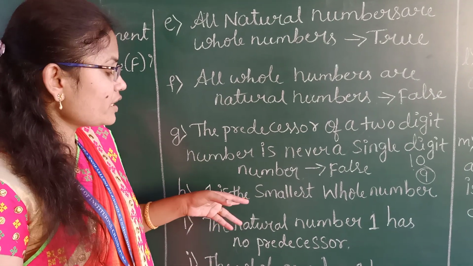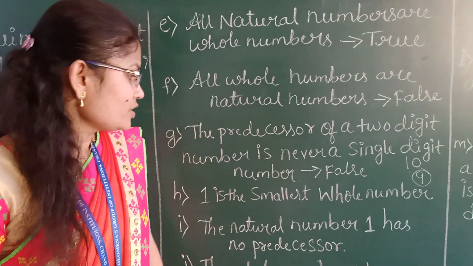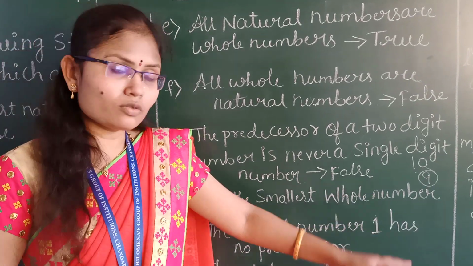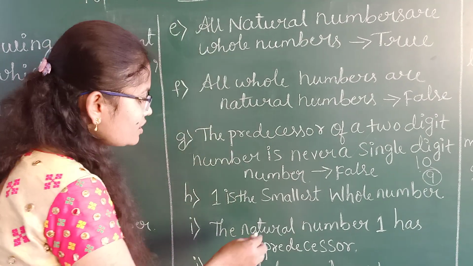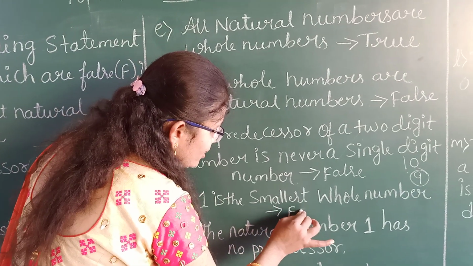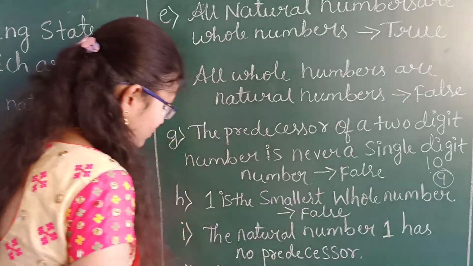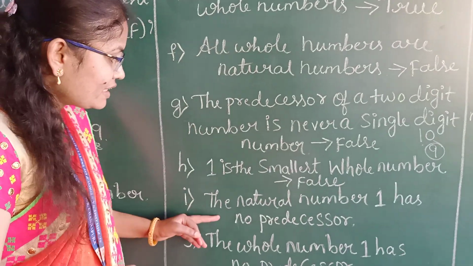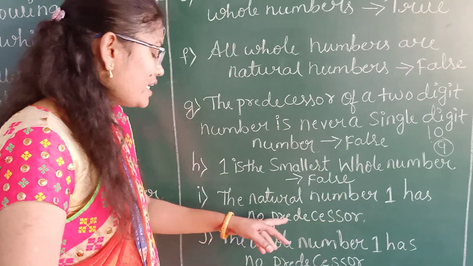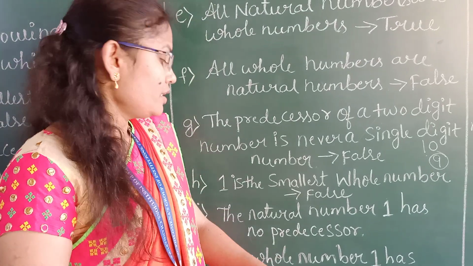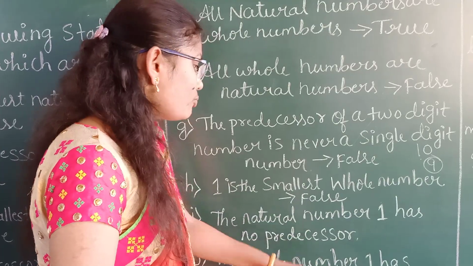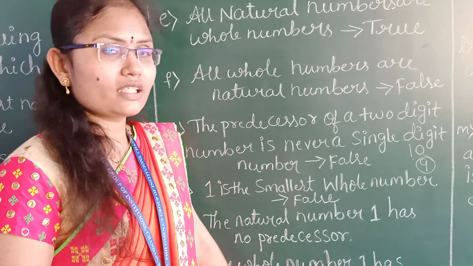Next we will move on to statement H. 1 is the smallest whole number? No, it is false. 0 is the smallest whole number. Now we will move on to statement I. The natural number 1 has no predecessor. Is it correct? Yes, it is correct.